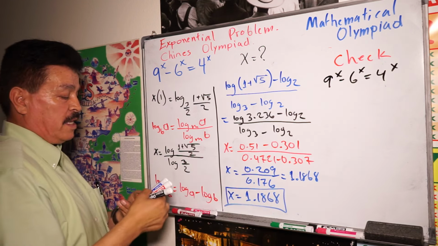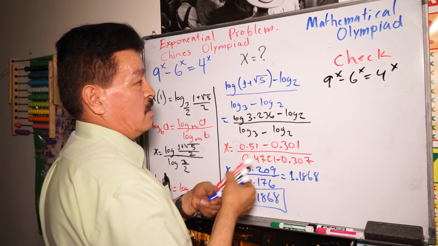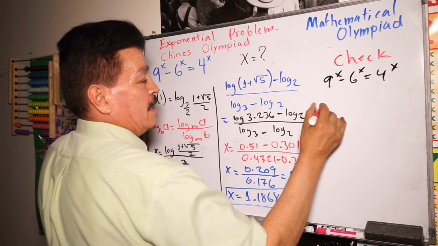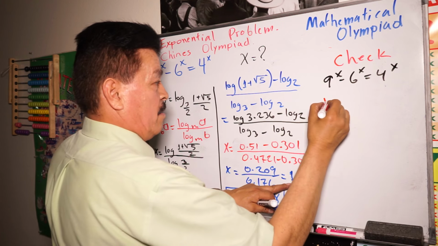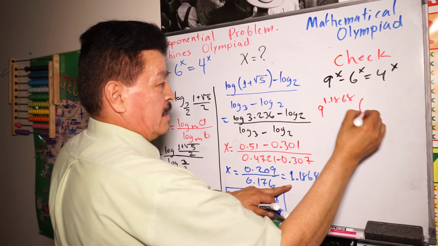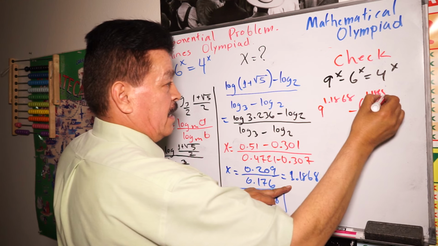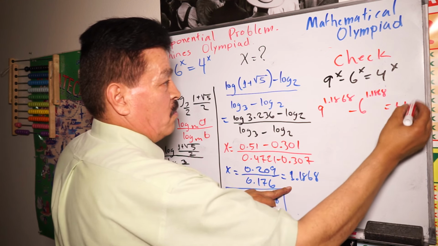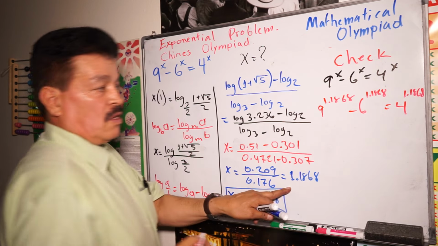So just write the numbers right there. 9 to the 1.1868 minus 6 to the 1.1868 equals 4 to the 1.1868. All right.